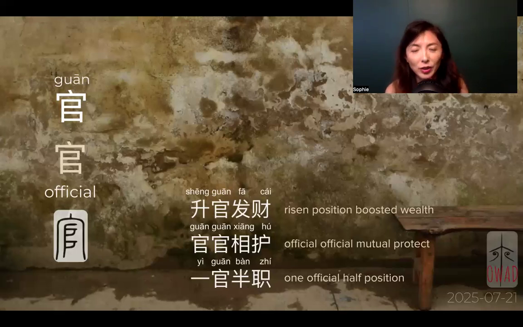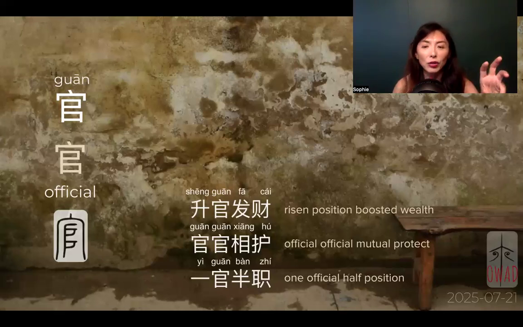一官半职. So we're talking about one official or one position, a government official position, and half a position. 职 means position, and not necessarily a government official thing, but it can be any kind of position. But here, one would pair official and position together, and when we have a quantification there, 1.5, that almost instantly diminishes the importance of it.